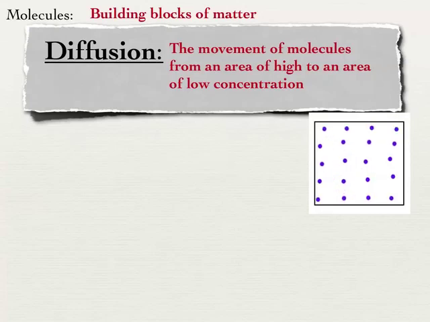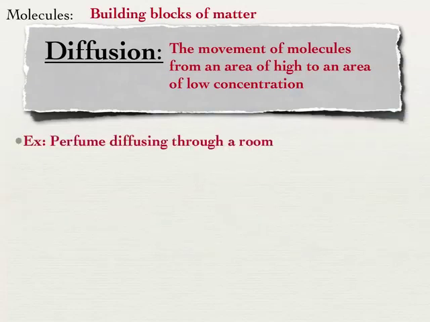So if you have some molecules tightly packed, let's say in this room, like this happens every morning. In the morning when Mr. Arcuri comes in, he's usually here before me, he opens up that door in that corner of the room, and that's when he puts on his perfume and gets ready for the day. So he sprays it in that corner of the room, but then when I walk in after I get here, I open up the door, and I can smell it all the way over here. So how come I can smell it all the way over here?